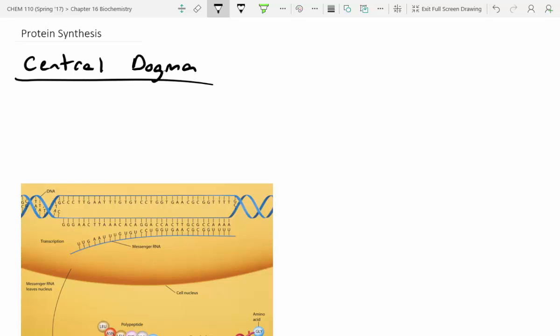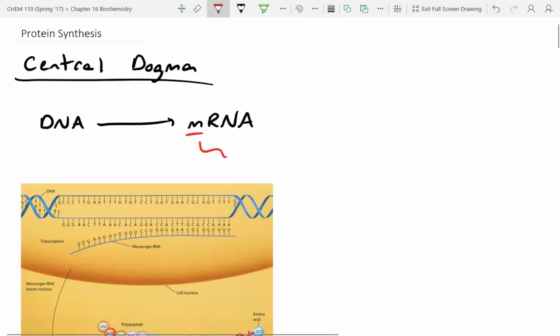The central dogma is basically we've got this genetic information stored in our body as DNA. That's our genetic hard drive. And then this DNA is converted to a special type of RNA. This is called mRNA. Does anybody know what the R or the M stands for? Messenger.